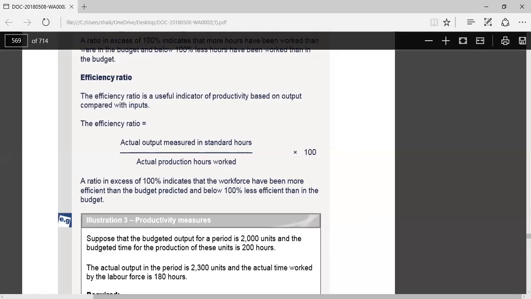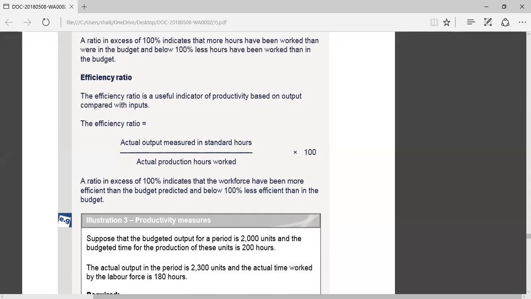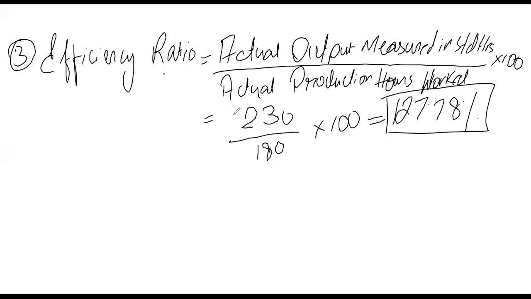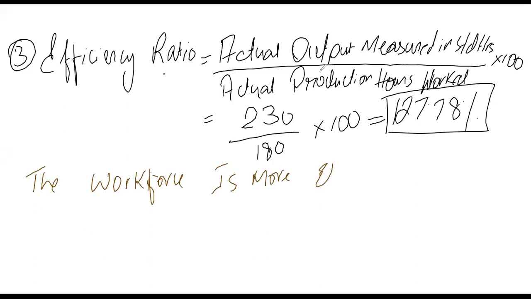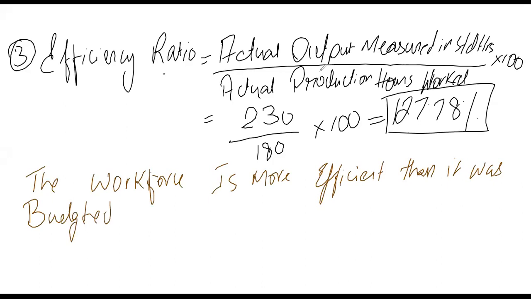The ratio in excess of 100% indicates that the workforce has been more efficient than the budget predicted, and below 100% means that the workforce has been less efficient. So, in this ratio, we can easily see that the workforce has been very efficient. The workforce is more efficient than it was budgeted.